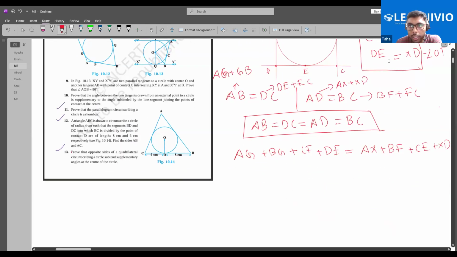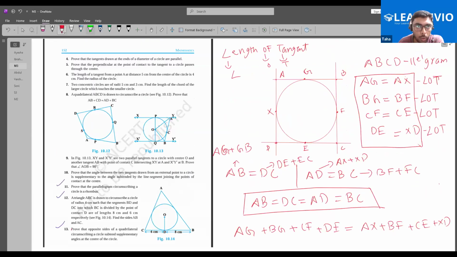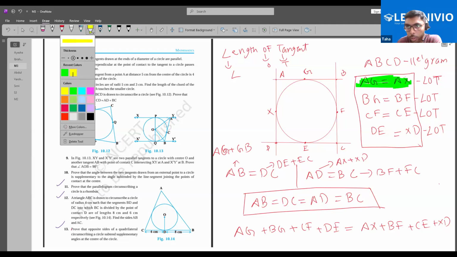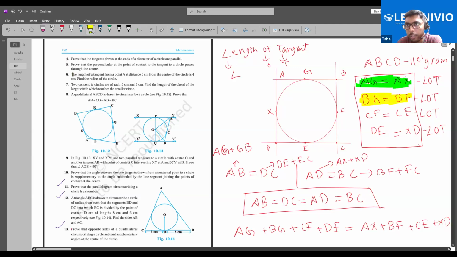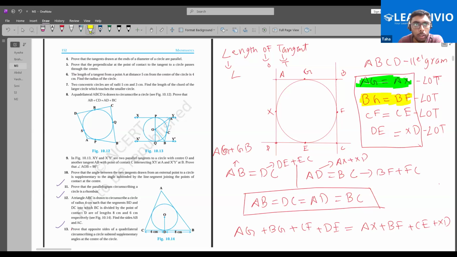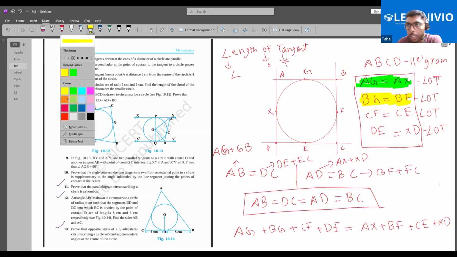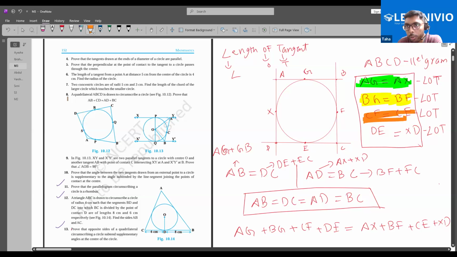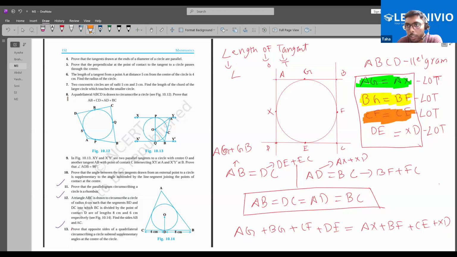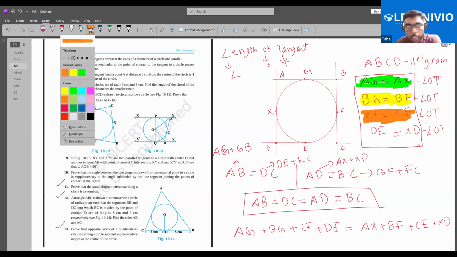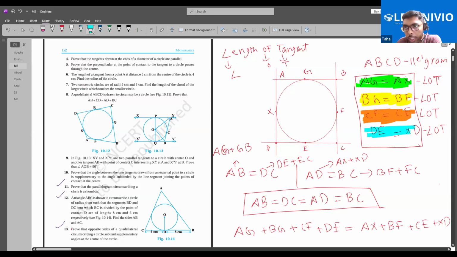Since this thing goes both ways, when I'm highlighting these things, this means they both go right and left. LHS equals RHS, so we can swap BG for BF, and then we can also swap BF for BG. Similarly, we can swap CE for CF, and for DE we can swap XT.